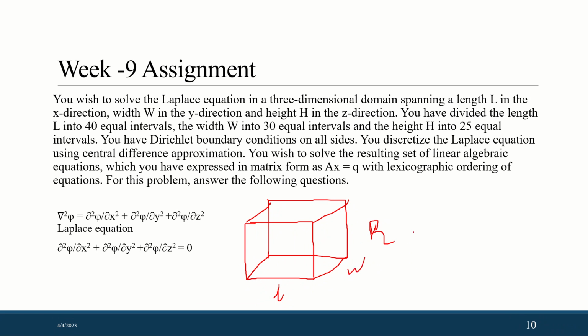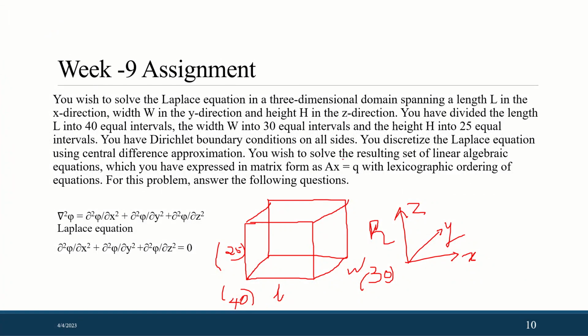So the axes are X, Z and Y. The length L is divided into 40 equal intervals, the width is divided into 30 equal intervals, and the height is divided into 25 equal intervals. We are discretizing the Laplace equation using central difference approximation.